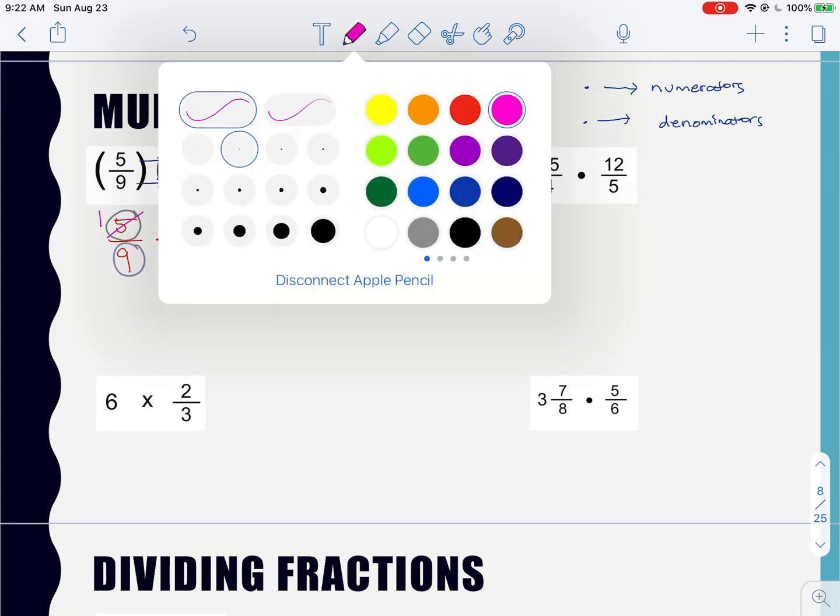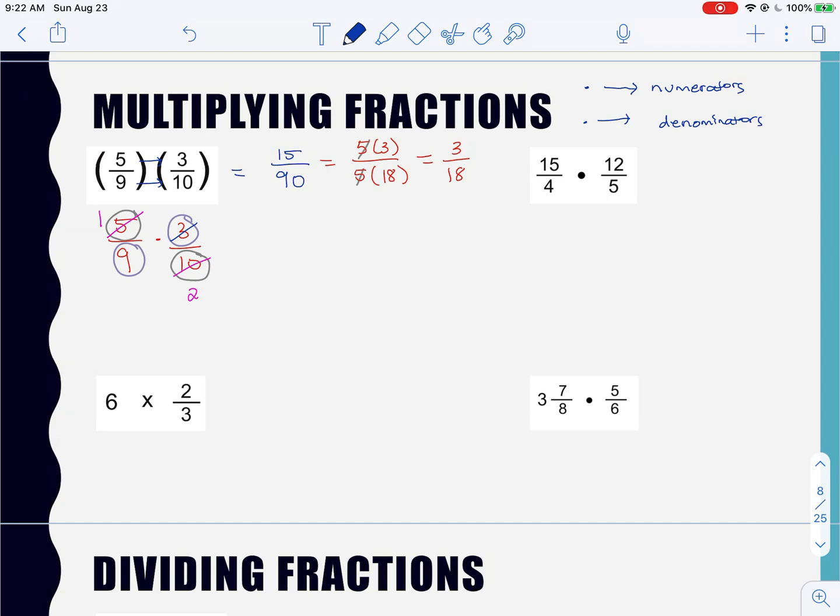So 3 over 9 are both divisible by 3. 3 divided by 3 is 1. 9 divided by 3 is 3. So now I have the fraction 1/3 times 1/2, which again you multiply straight across the numerators, straight across the denominators, and you end up with 1/6. So you guys can try this one, and you can check your work against the finished notes.